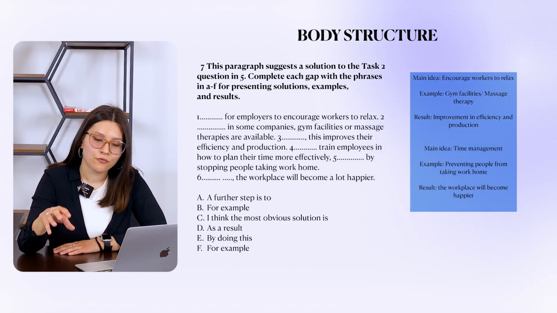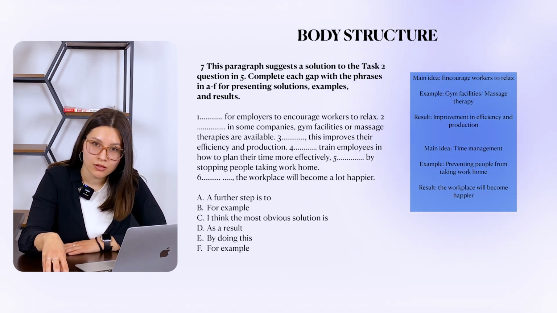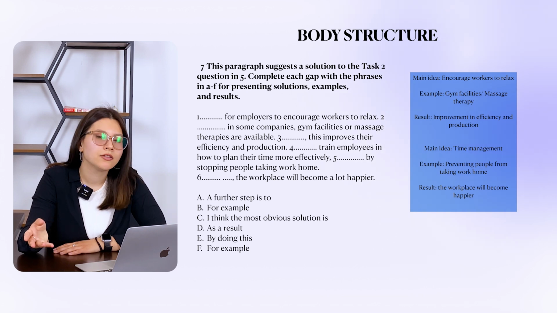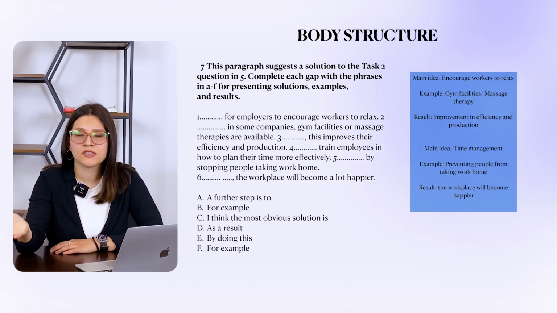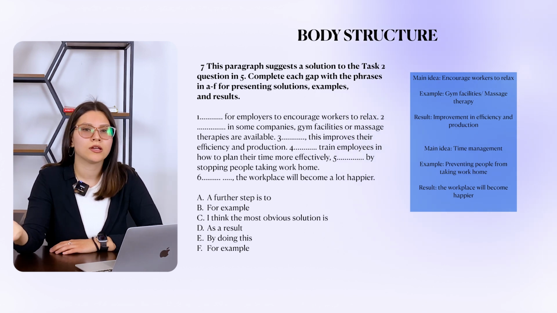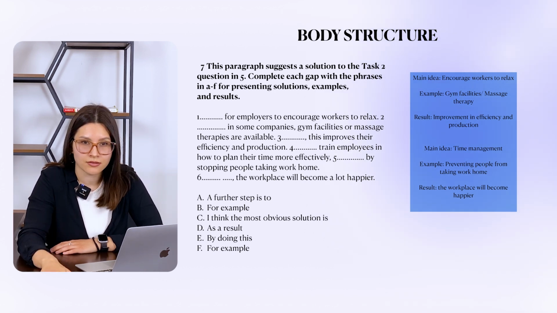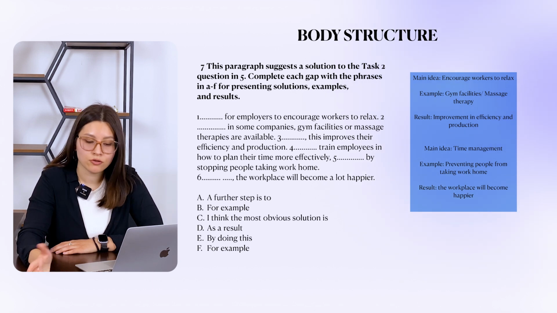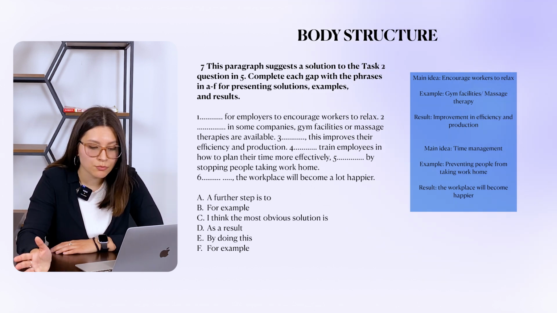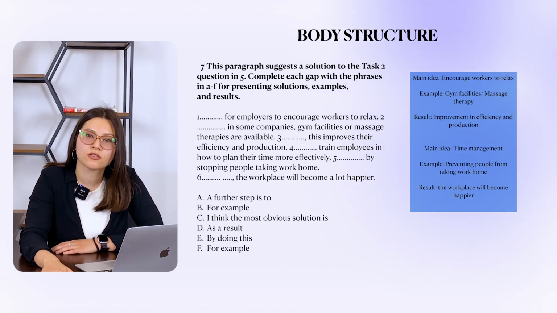And then for this example, there should be some kind of result. Otherwise, there will be no need to come up with solutions if they don't bring any results at the end. So in this case, you can say, by doing this, they can improve their efficiency and production at work.